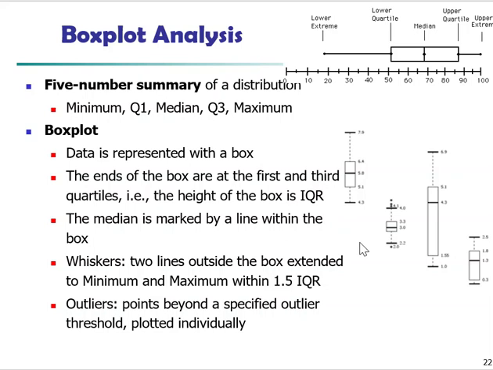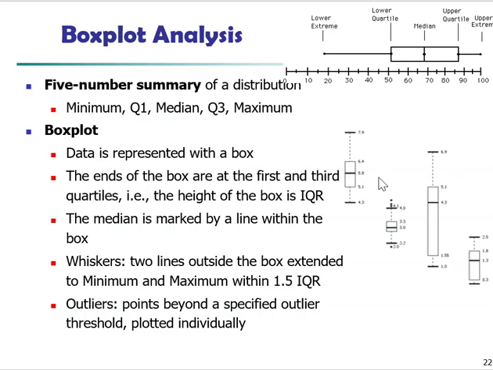In this variation, the lower and the upper extreme are not depicted, but the outliers are. So I'm going to explain this variation. What I forgot to say here, because this is Q1, this is Q3, so the range from here to here is the IQR, the interquartile range. This is the same here too.